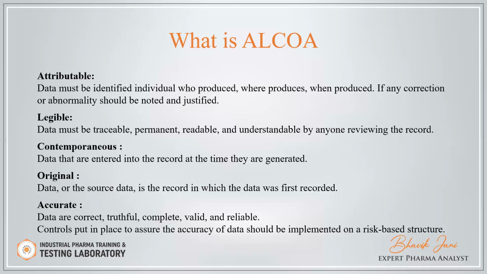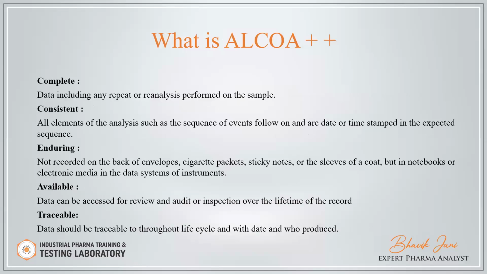If your SOP says the assay test result should be two decimals, then you have to record two decimals. That's accurate. For the pH meter, if the display value is 5.123, then you have to mention 5.123 in the raw data. You cannot mention 5.12 or 5.1. The display value you cannot change. That's accurate.